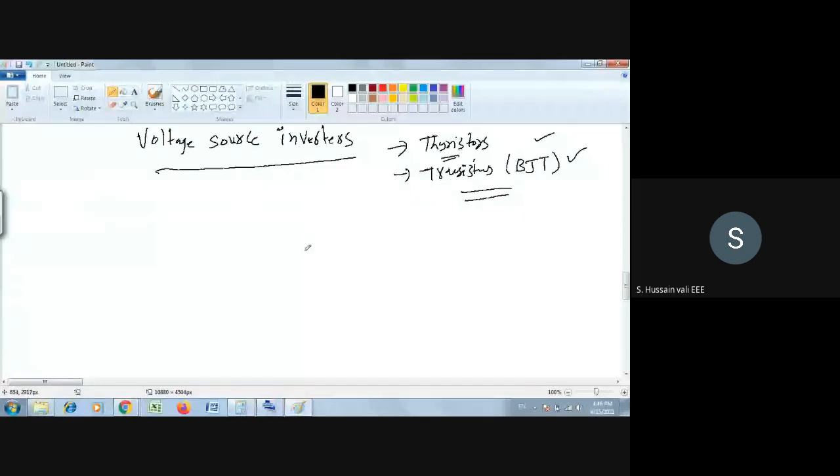Okay, first I will draw using the thyristors. I hope you know that, but let me draw the circuit diagram first, then I will start explaining. I will take single phase inverter. I will take single phase bridge inverter.